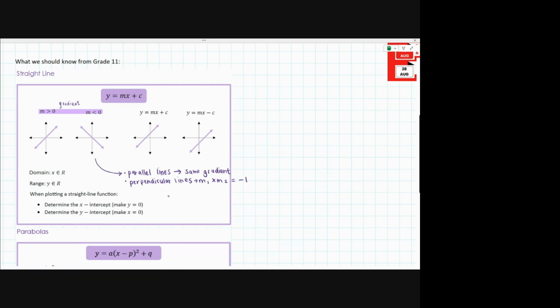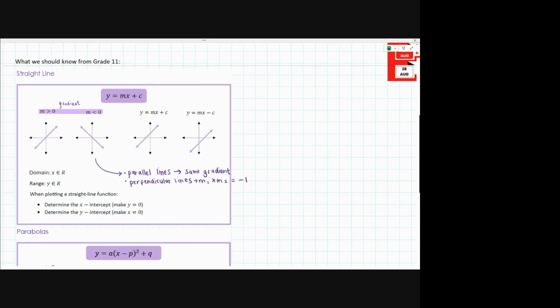So when you are trying to find a gradient of a line perpendicular to another, you can use this little rule over here. Now, that's not given to you ever. That's just something you need to know. But basically, for perpendicular lines, the product of the gradients is -1. All right, so that's to do with gradient.